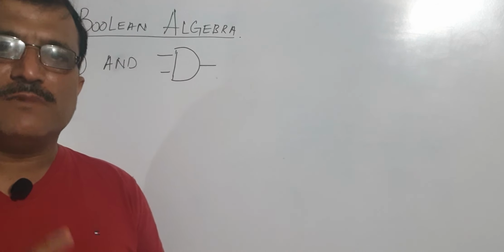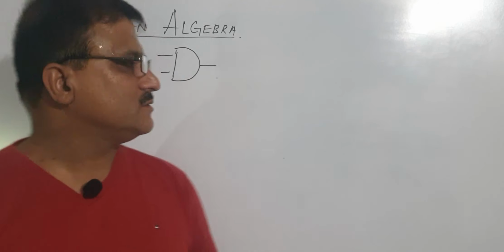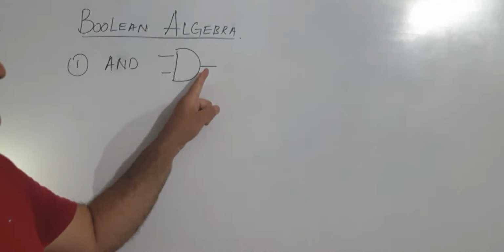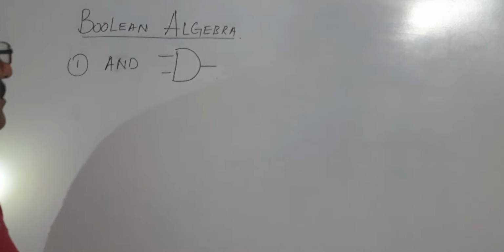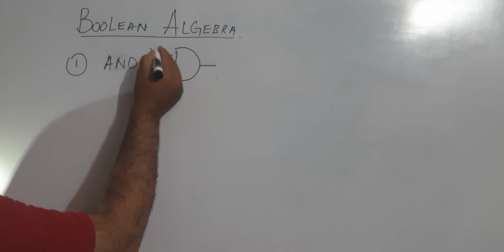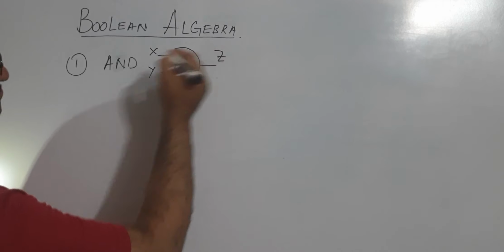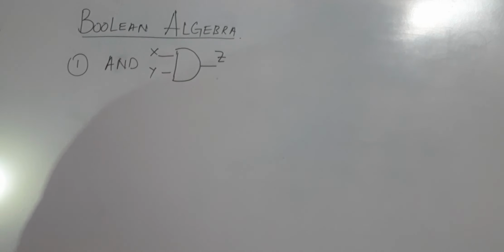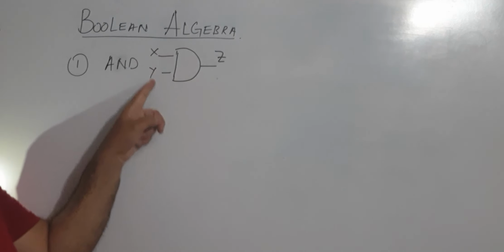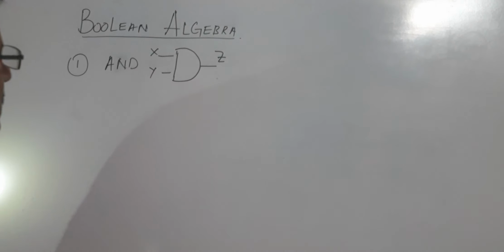But every gate must have a single output. Let's say I label the two inputs X and Y, and the output Z. So this is a two-input AND gate.